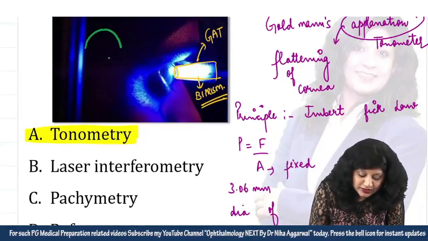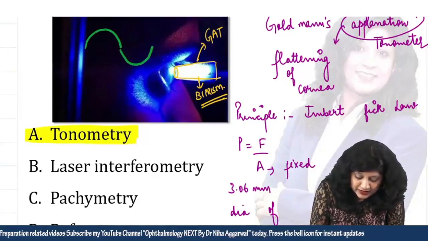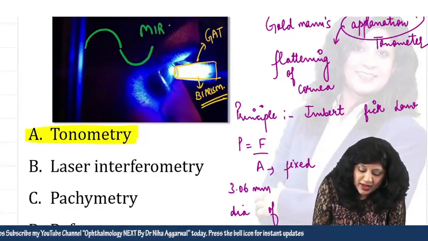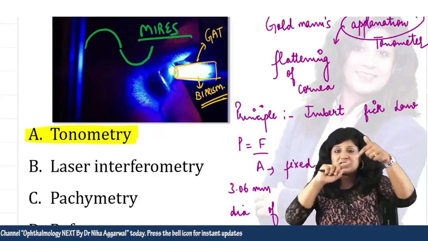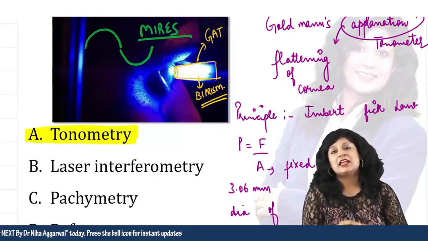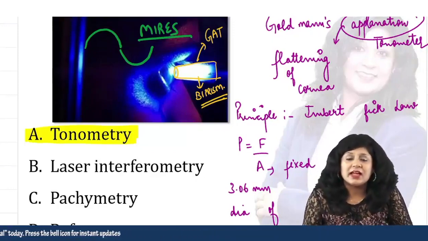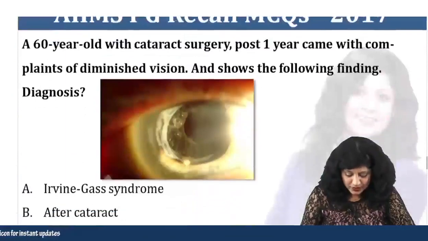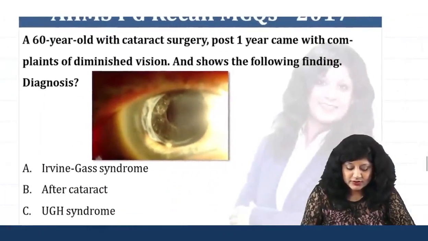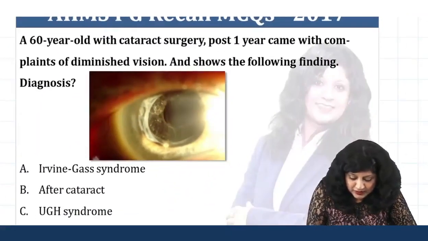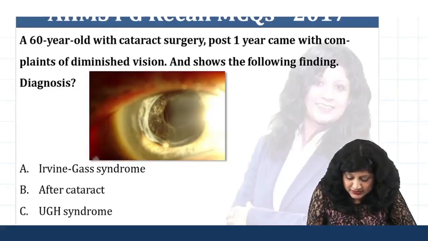So, half of the circle like this and half of the circle like this, these are called the mires. When the mires are just touching each other, that is the end point, and you have to take the reading at that point.